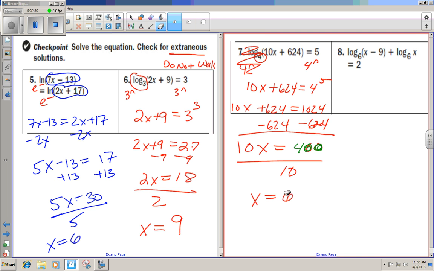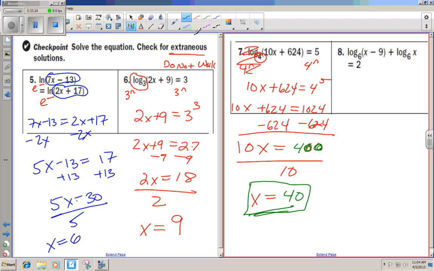So when you divide by 10, you end up with 40 as your x value. And what would have happened is you would have checked this answer to see if it was correct. And when you checked, you would have seen a problem, and you would have come back, found this error, 400 divided by 10, and you would then see that the correct answer is 40.